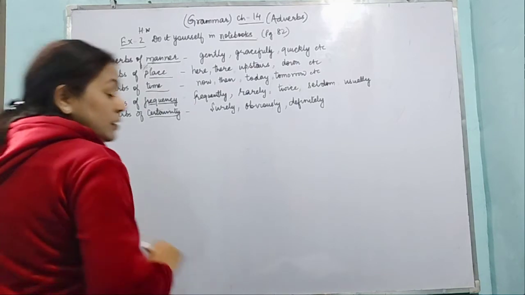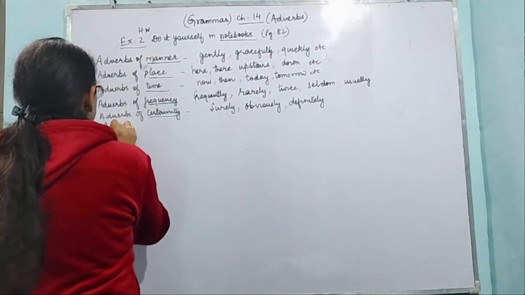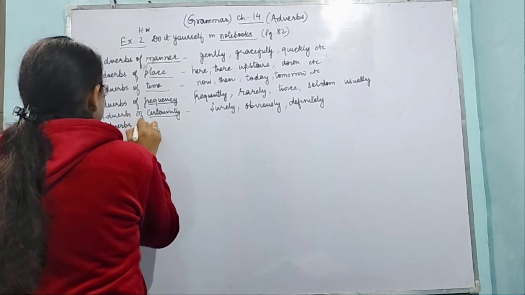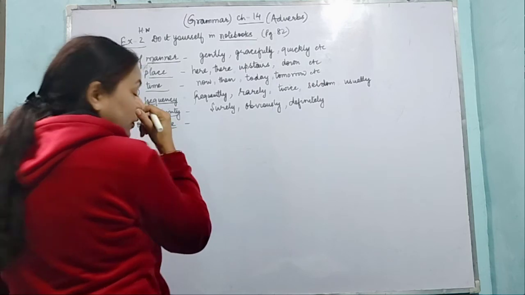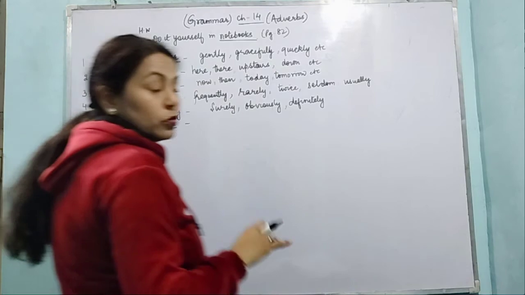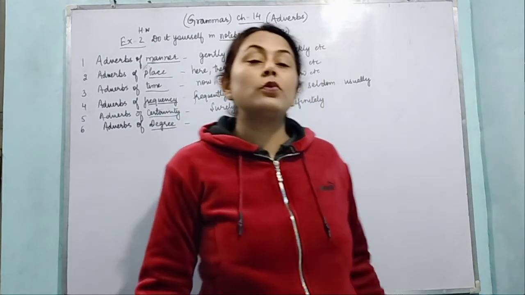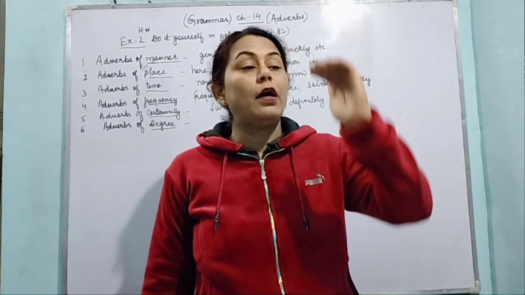Then the sixth one is adverb of degree. Now, don't get confused with the frequency and degree. Mostly students get confused. Frequency होता है how often और degree होता है level.